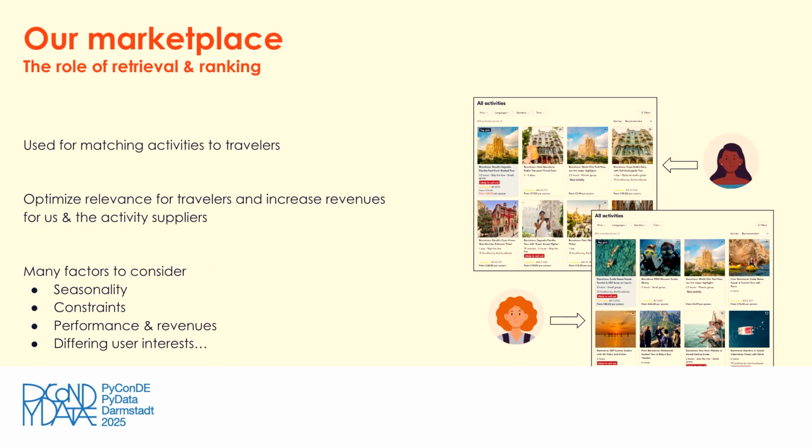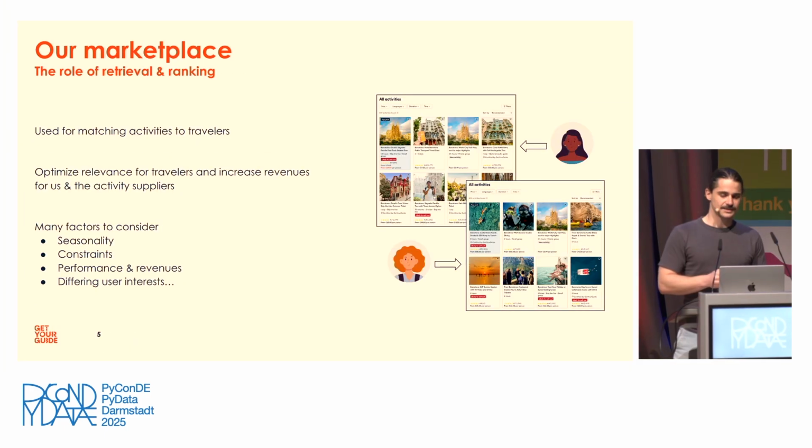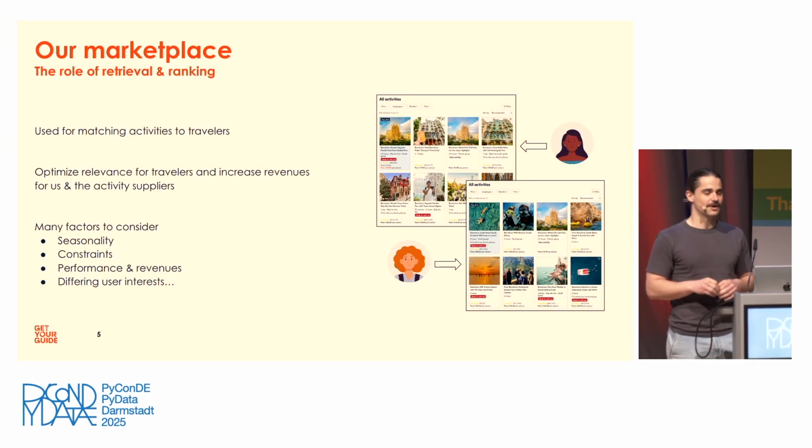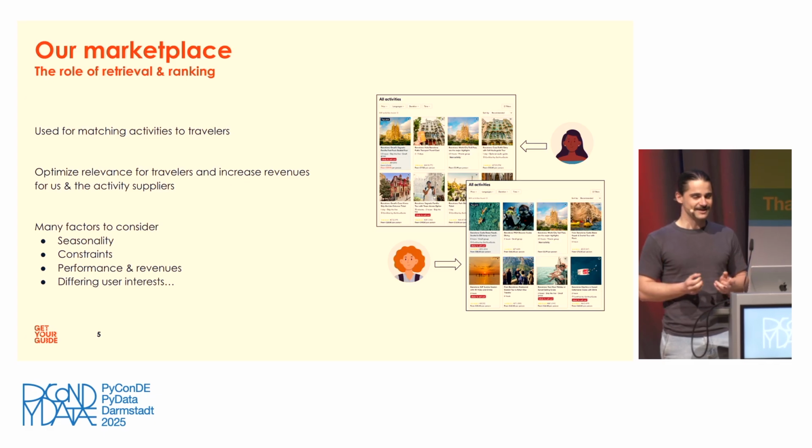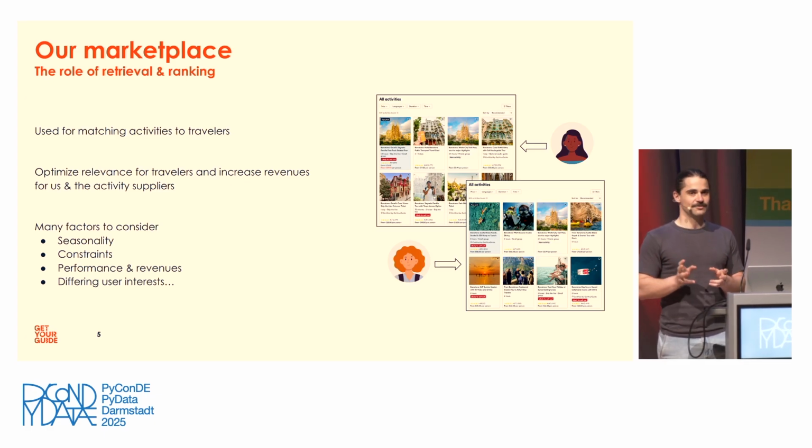And ranking essentially plays a very important part in matching the activities to the travelers. Whenever users come to our platform and query our marketplace, the first step for us is to retrieve the set of activities, out of all possible activities that we have online, that could be relevant to the user.